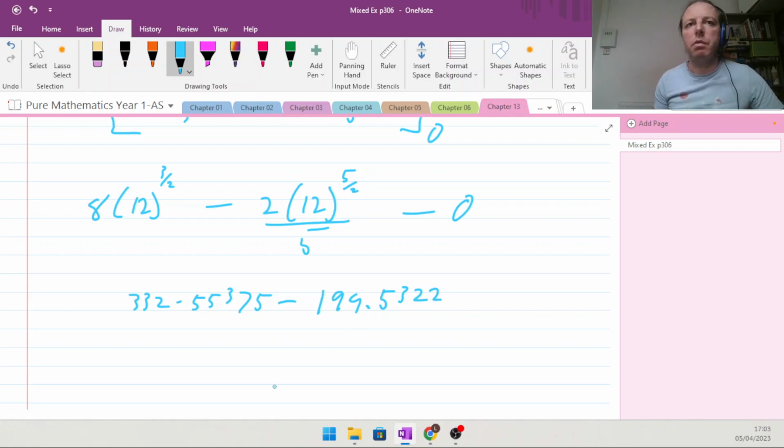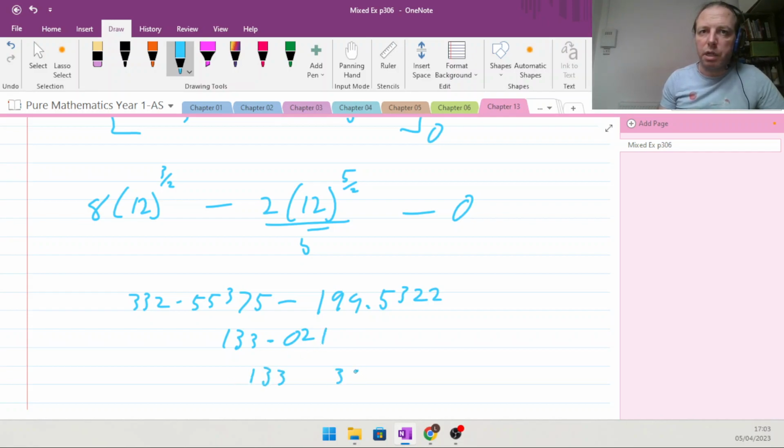So when we do the takeaway, 332.5537 take away the previous answer, we end up with 133.021, and so 133 to 3 significant figures.